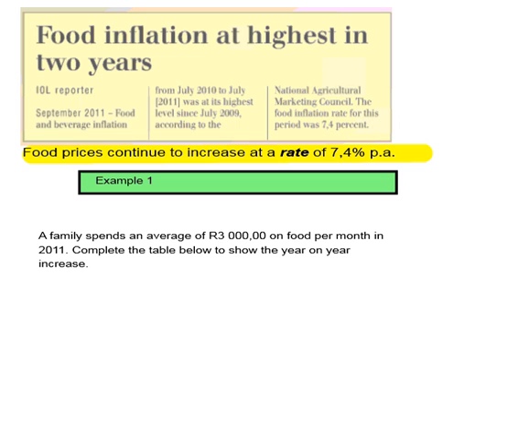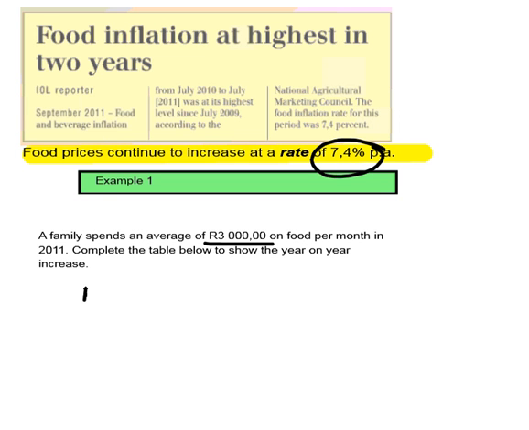So let's have a look what this example looks like. A family spends an average of 3,000 Rand on food per month in 2011. Okay, I don't have the table there, but it increases at 7.4%. Do you remember how to do percentage increase?